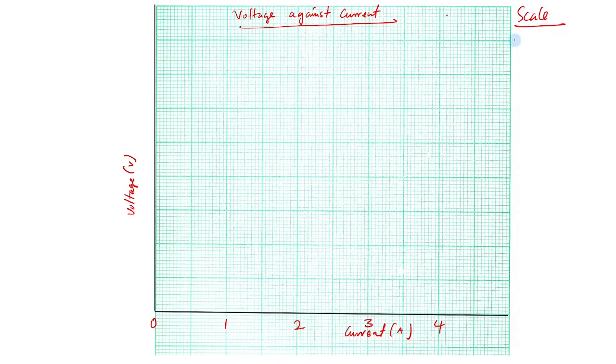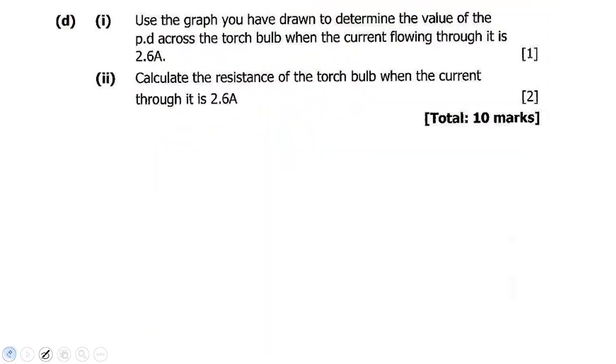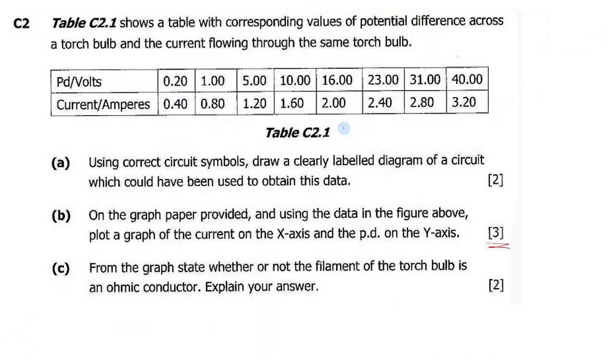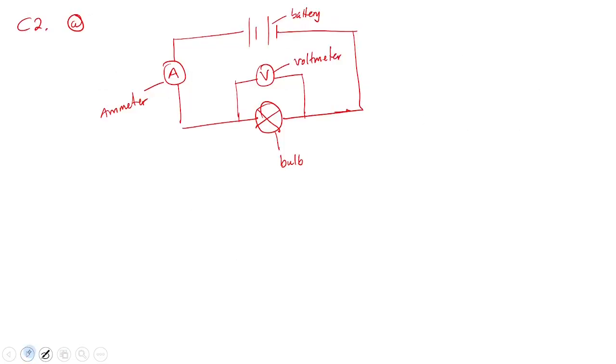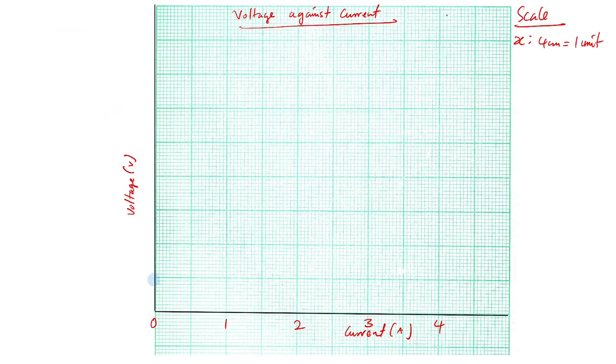So the scale will be like on the x-axis, we are saying 4 centimeters is equal to 1 unit. Now where it is hard, it is here where we are running from 0 to 40. So meaning we should do like 10, 20, 30, 40. Yeah, so we'll have like 0.